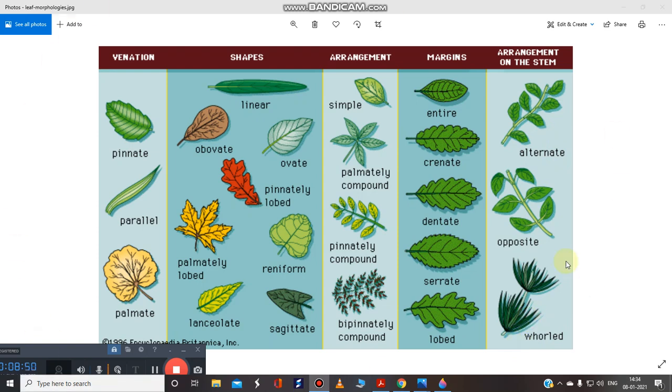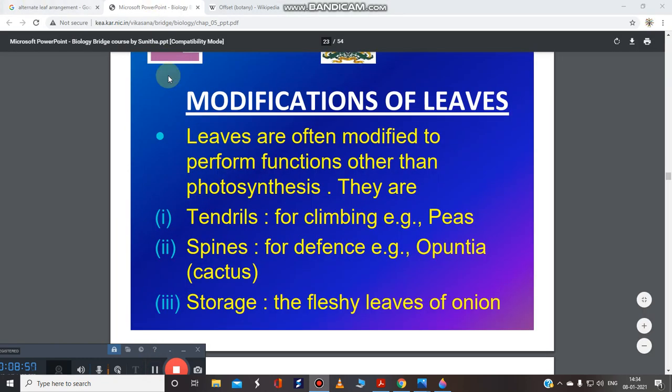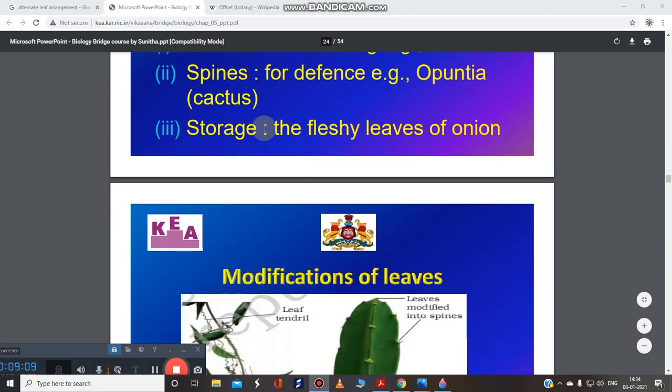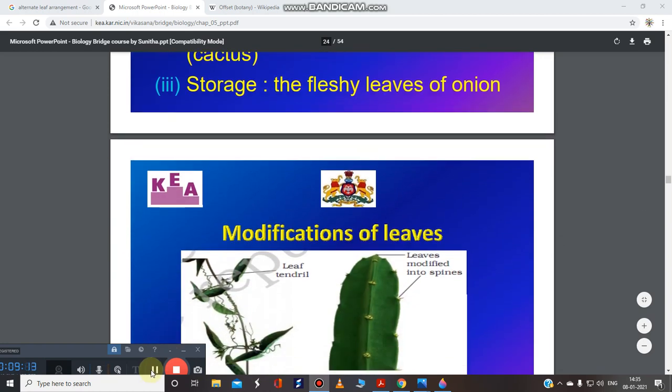Okay, so I hope you have a bit of understanding about the different types of leaf. Now if we talk about modification, some leaves get modified and form tendrils like peas. They also develop spines, and for storage they become fleshy leaves like onion.